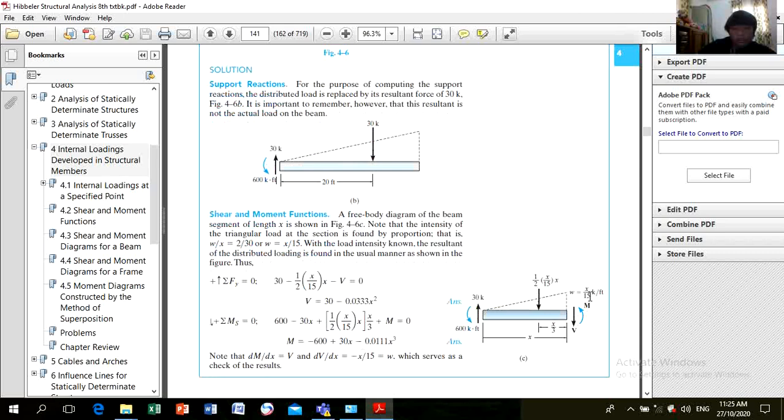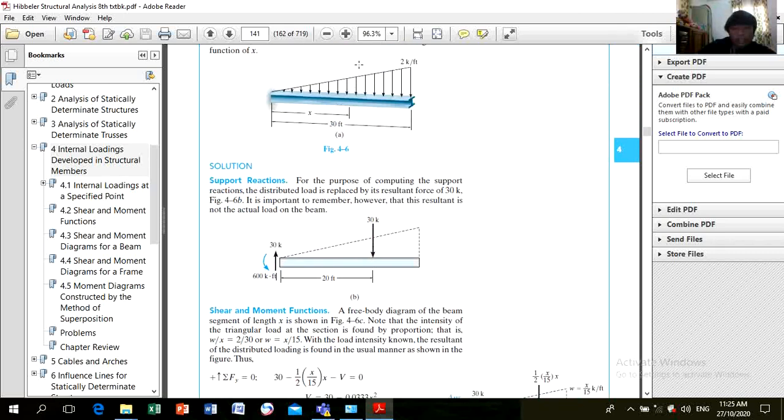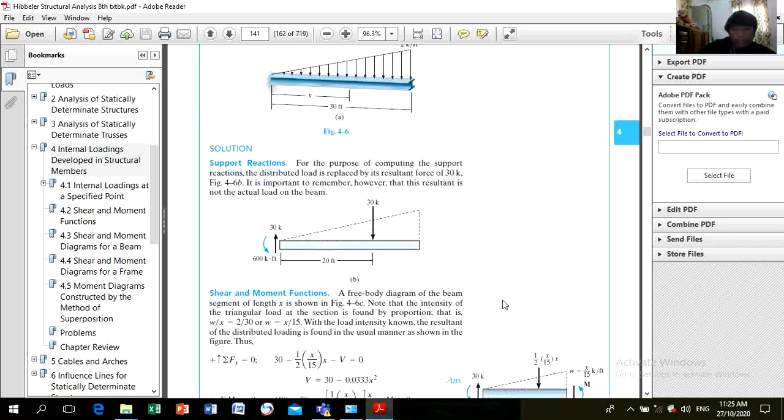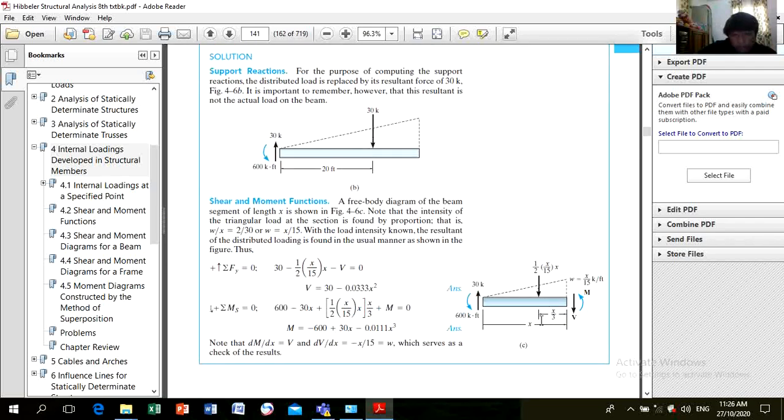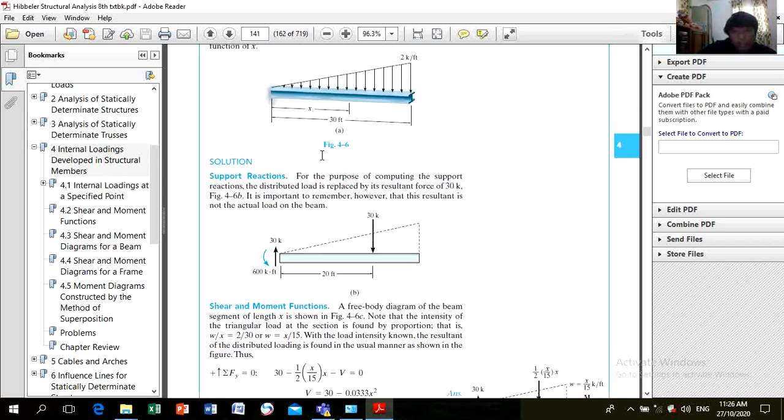Now we can go to shear and moment function. So you can cut here at a certain location x. Then summation forces along y. 30 minus 1/2 x times x over 15. How did we arrive with x over 15? If this is x, what is the load here?